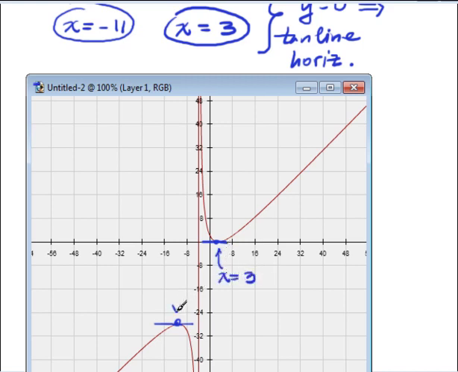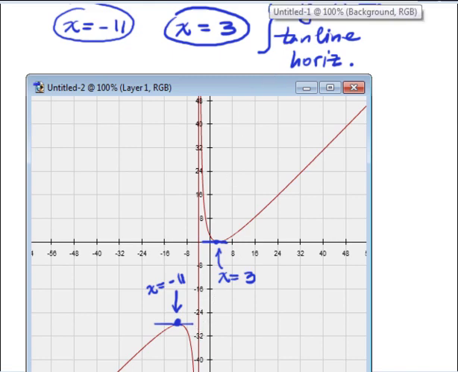And this one over here, that must be the x equals minus 11. So, just verifying on a graph. I took this from an online graphing calculator. So using that online graphing calculator, we can see that it does make sense that these are the x values where the tangent line is horizontal.